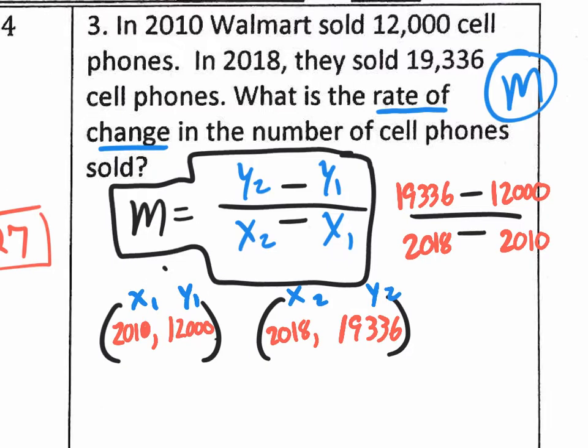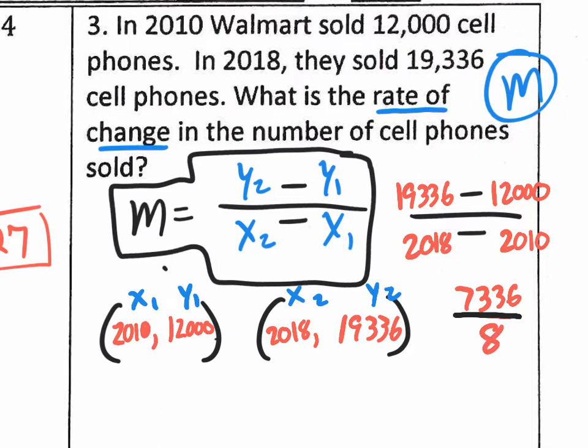So we're going to go 19,336 minus 12,000. The answer is 7,336. Up on top we have 7,336. And on the bottom, 2018, take away 2010, that's going to be 8 years, right? So on the bottom we have 8.